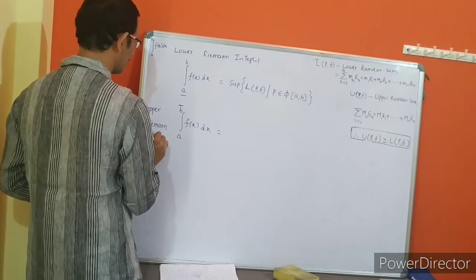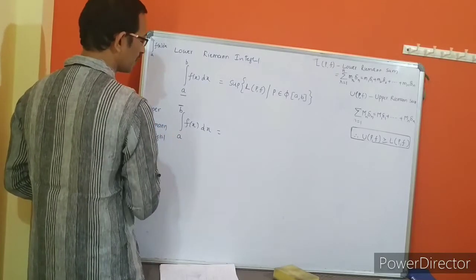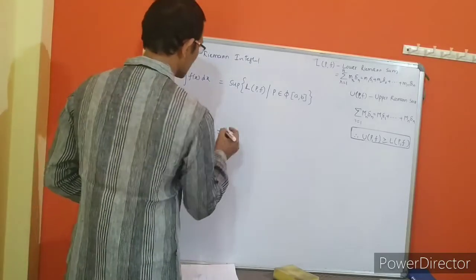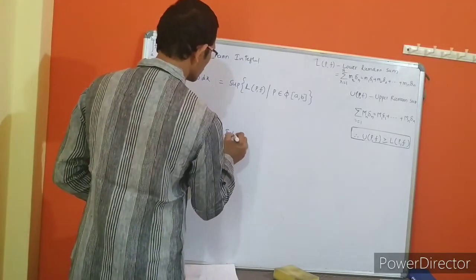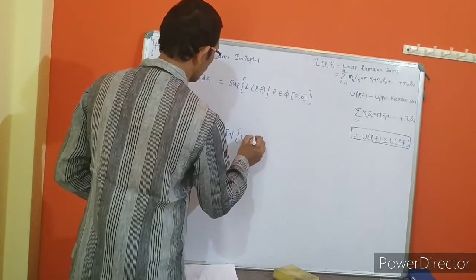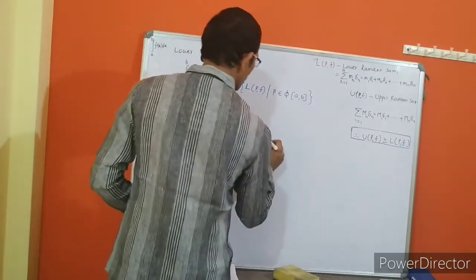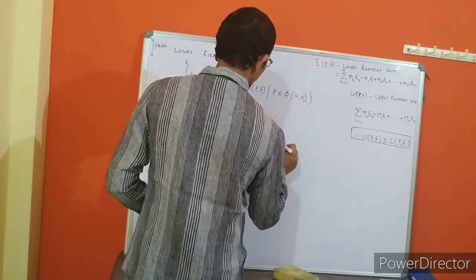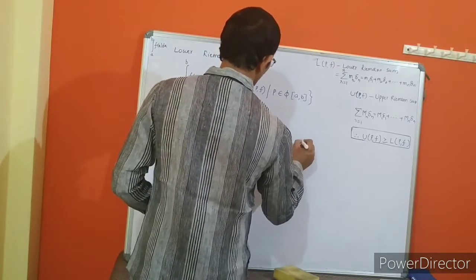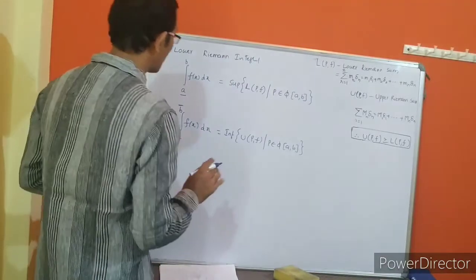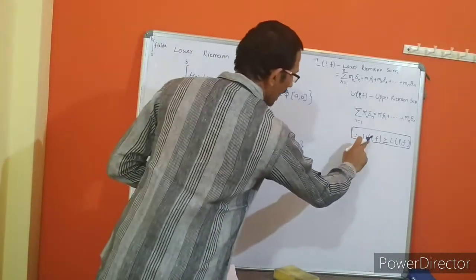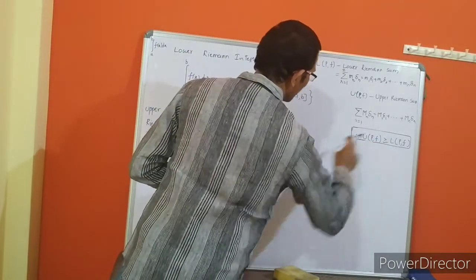The upper Riemann integral is nothing but the infimum, that is, the smallest among all approximations U(P, f) from above, where P belongs to phi of [a, b].